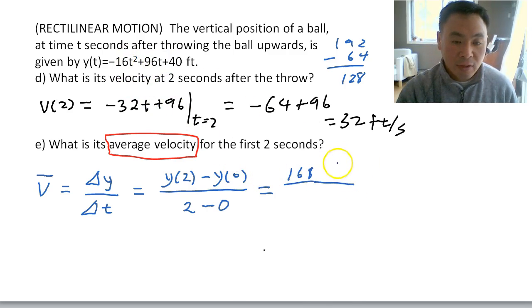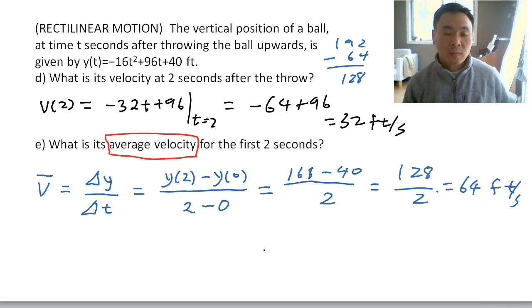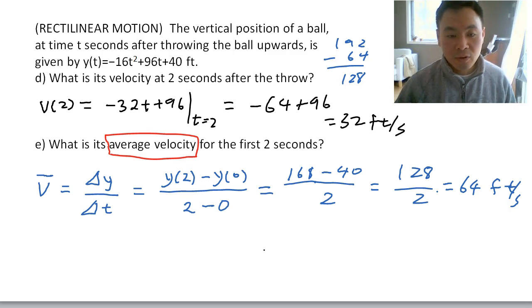If I plug in 0, that's 40. And then you divide by the entire time period, which is 2. That's 128 divided by 2, and that gives you 64 feet per second. So that is called the average velocity for the first 2 seconds.